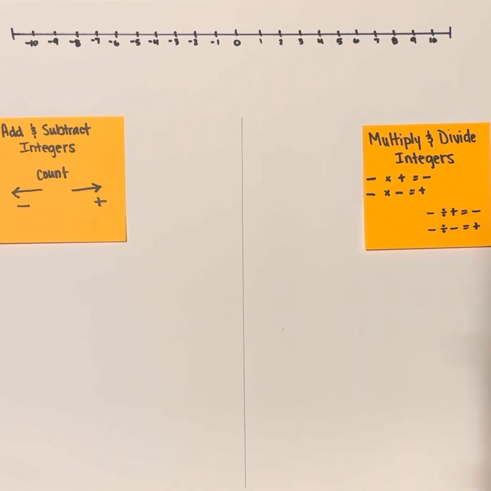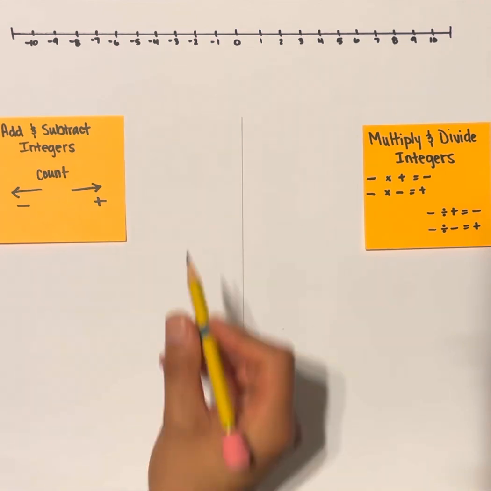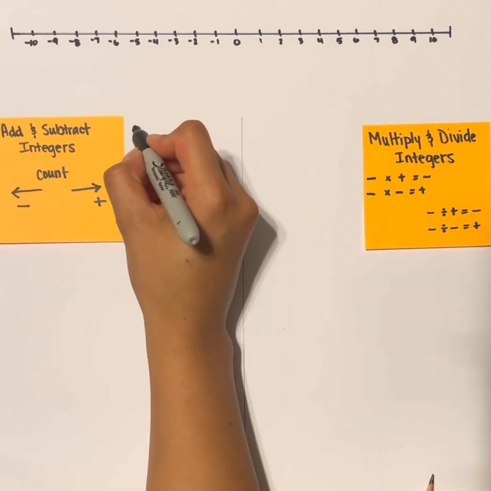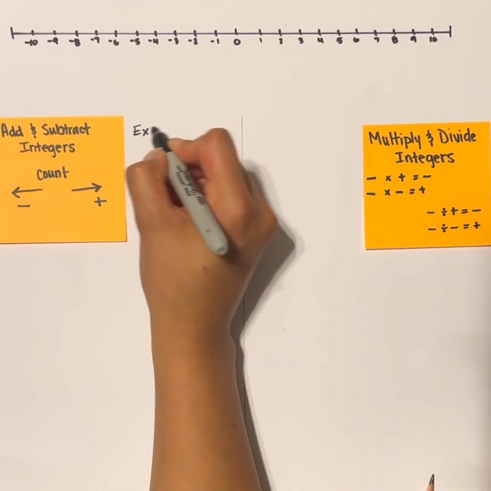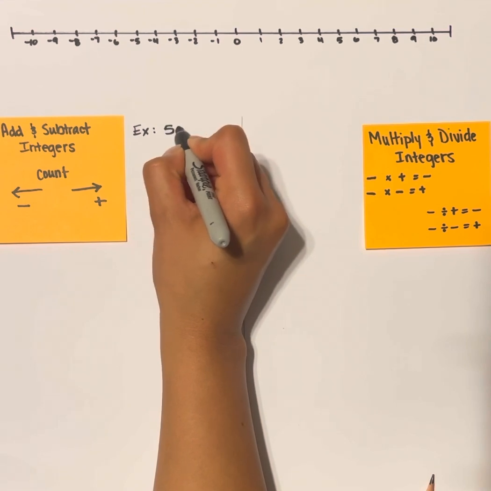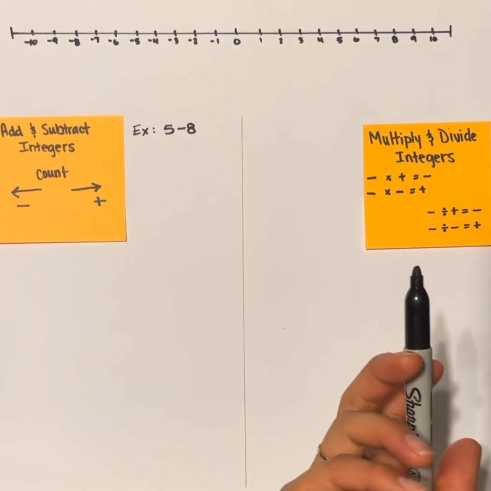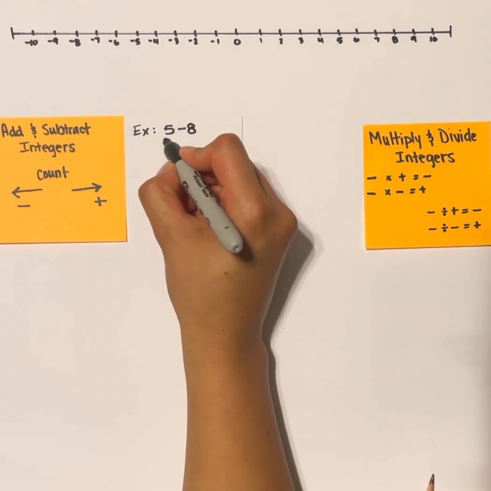So let's just look at a very basic example: 5 minus 8. So I'm going to count on my number line.